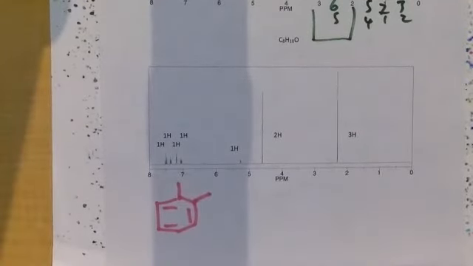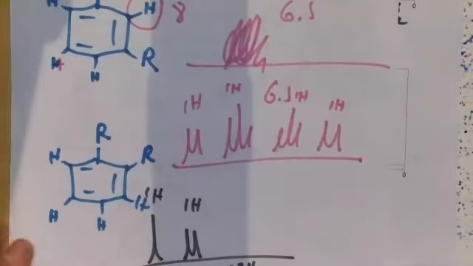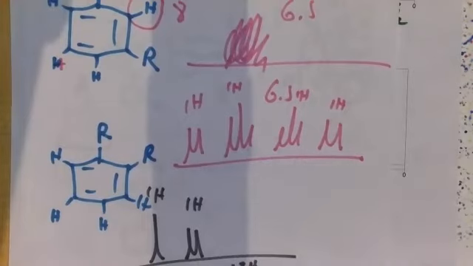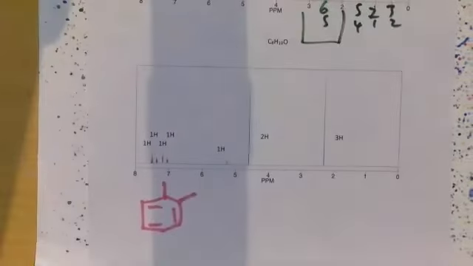We're able to determine which one it is. If we look back to our nice little ideal situation diagrams, we're supposed to have doublet, triplet, triplet, doublet, which is what we have for this one. So for this one, we can actually rule out the meta.